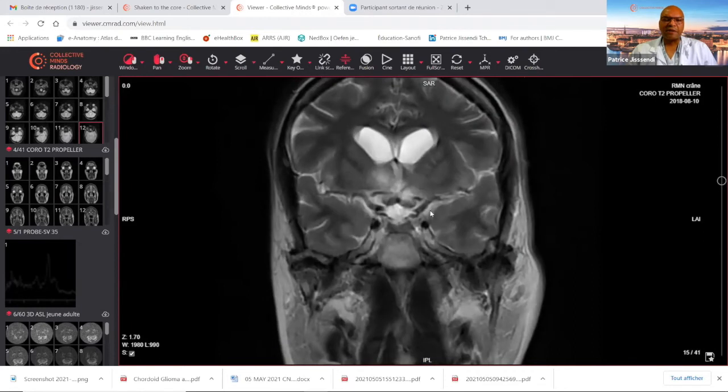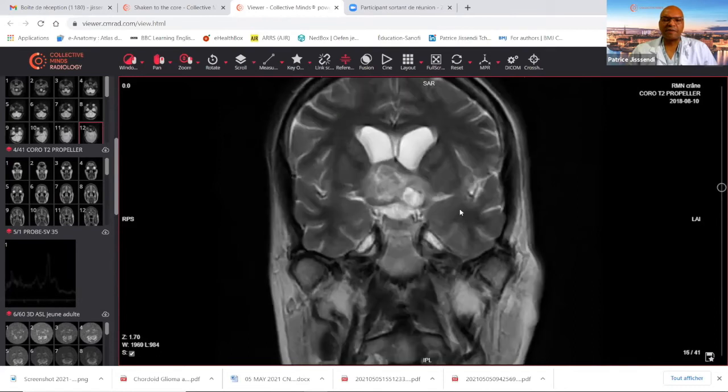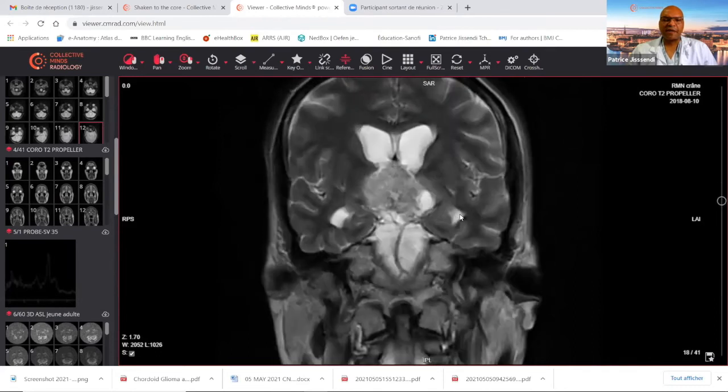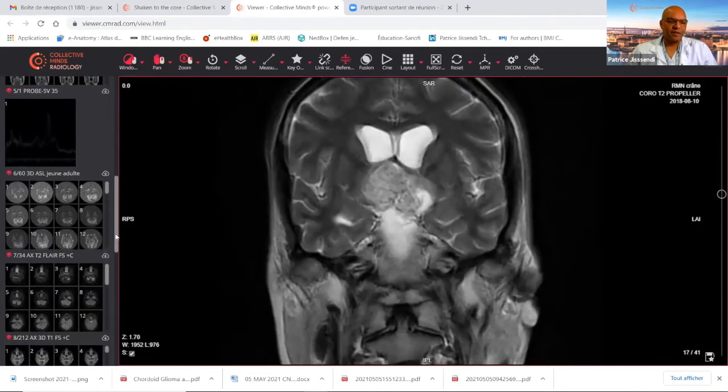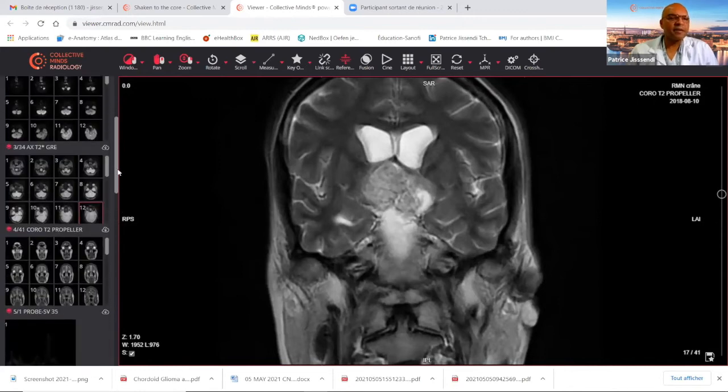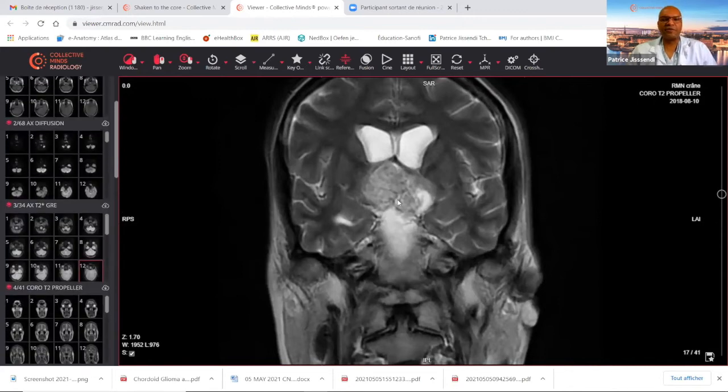And there is a displacement of the chiasma here. It looks globally hyper signal on T2 images. Then we can see what's going on on the diffusion images.